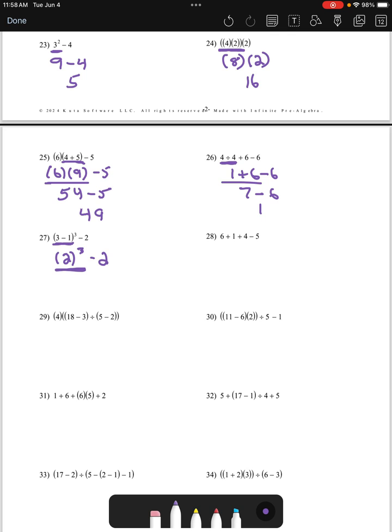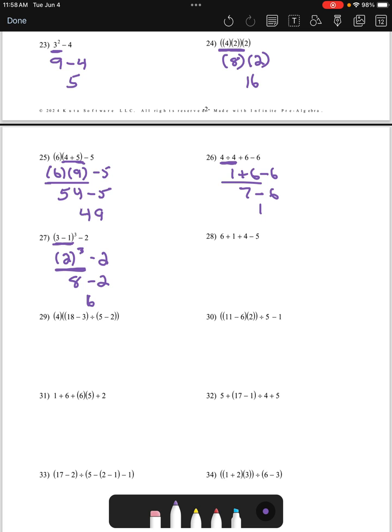So that exponent is what we handle next. And if you think this out for a second, 2 times 2 is 4. 4 times 2 is 8. That's used 3 2's, so 2 to the third power is 8. 8 minus 2 is 6.